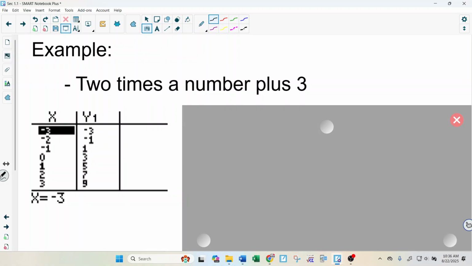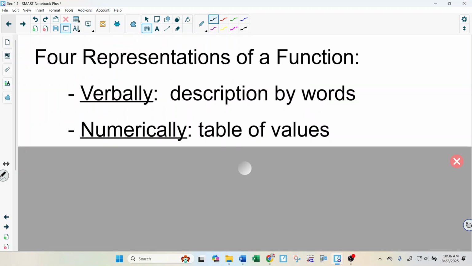Sometimes we'll just be given a table of values. One of the things they like to do in calculus is to give you the functions we're working with in different forms, in words and a table of values. But you can see here, 2 times a number plus 3, 2 times 2 plus 3, that's the value.